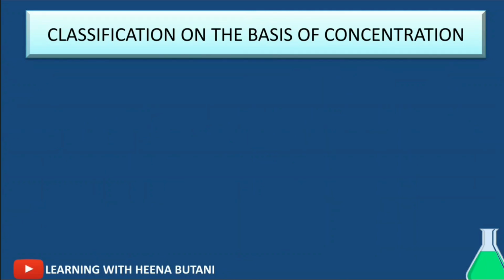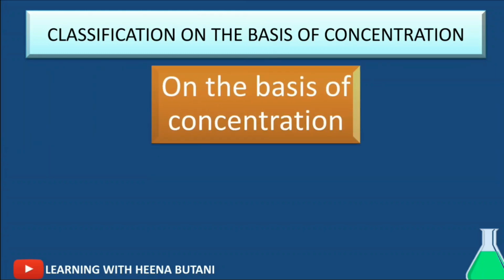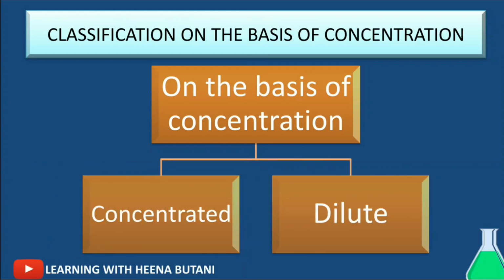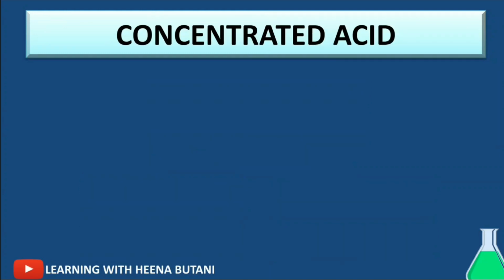Now we shall study classification on the basis of concentration. On the basis of concentration, acids are classified as concentrated acid and dilute acid. This classification is completely done on the basis of amount of water present in its solution. First one is concentrated acid.